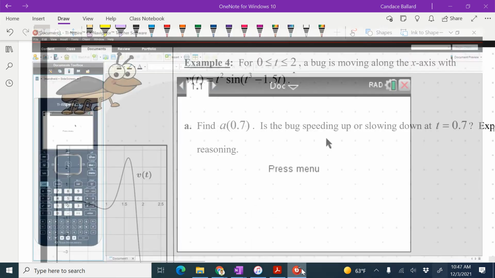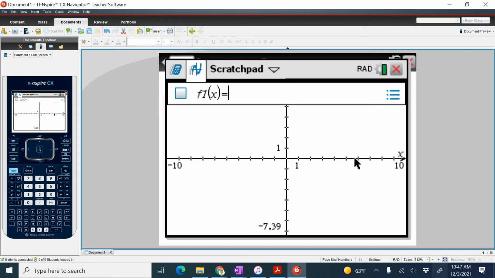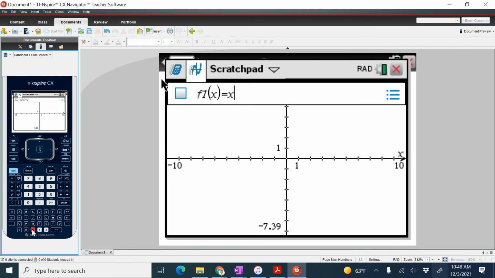So take a minute, get that put in. I work out of Scratchpad for the most part. We'll show you how to use some of the others as we get closer to the test, but we're going to stick with Scratchpad for now. And remember, I can't put t in there. So anytime you see a t, you have to put an x. That's the reason why we want to make sure you practice with the calculator.